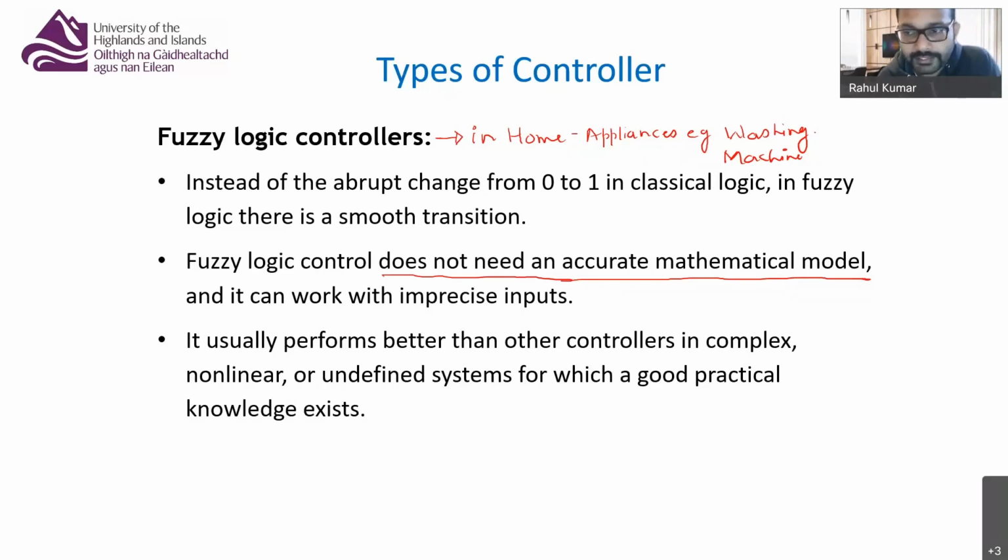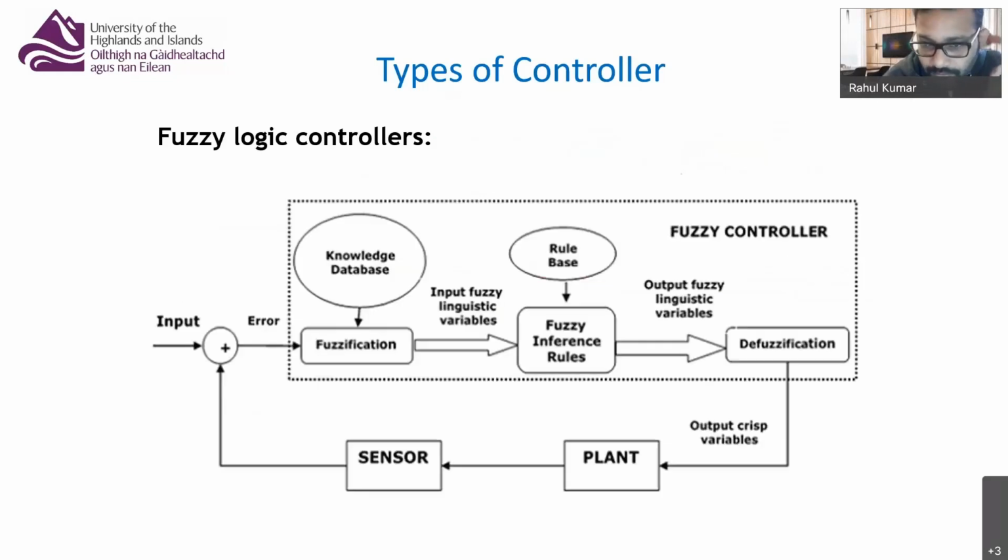So you do not need to design a mathematical model for this. Just based on some knowledge or your set of data, you can design a fuzzy logic controller. So this is a basic block diagram of your fuzzy logic controller.